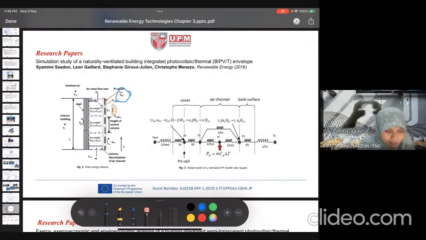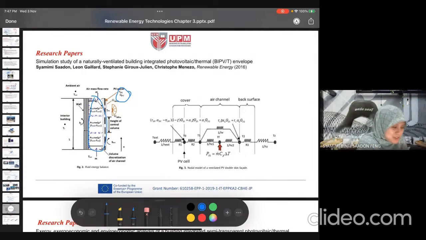To model the air collector, I divided the air gap into several zones. This zone is actually a virtual zone. We imagine there are zones, so that it is easier to solve the energy balance inside the air collector.